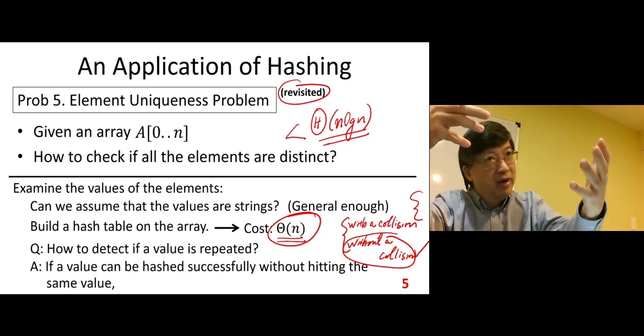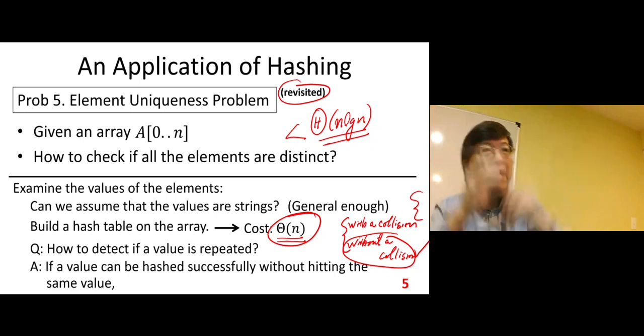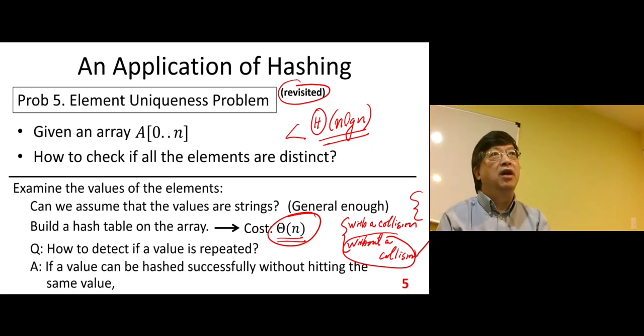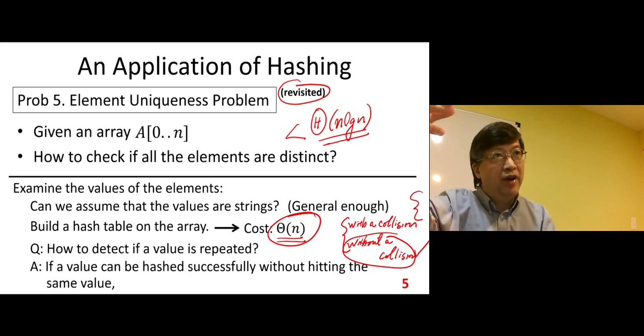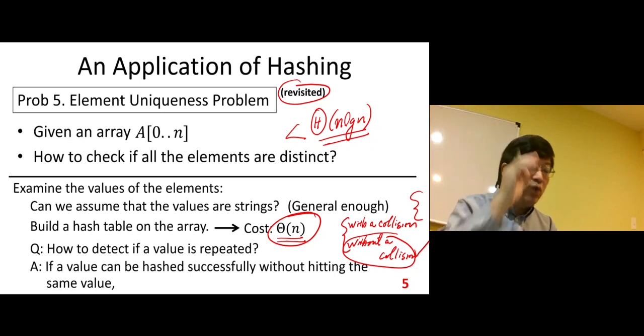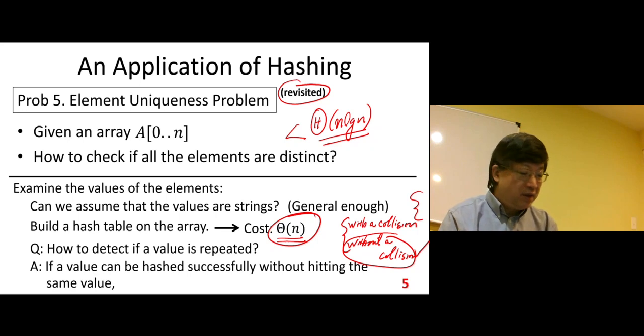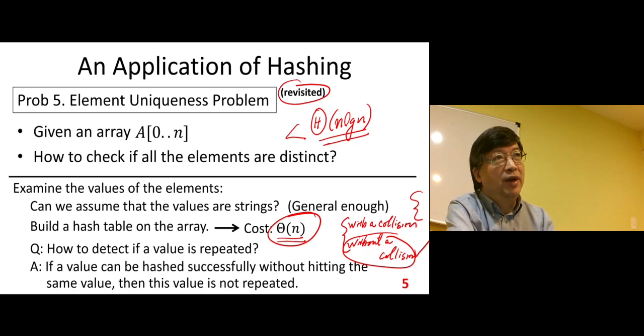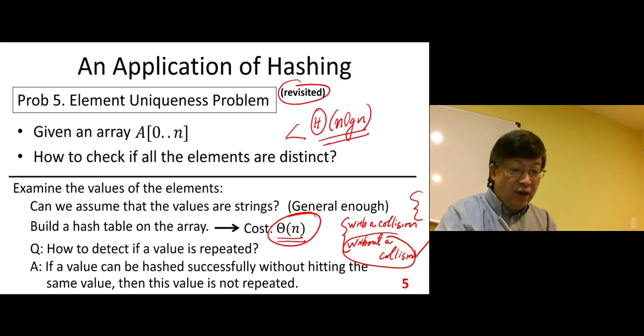If another collision, compare the values. If the same, we find it. If different, let's try another one. In this way, you can detect if there is a repeated value. The whole cost on average, we say the average case performance is this.